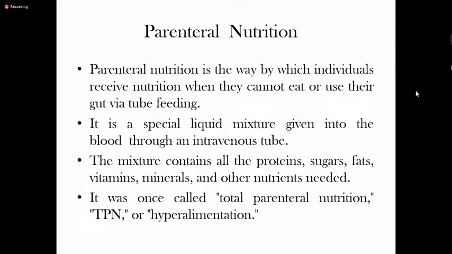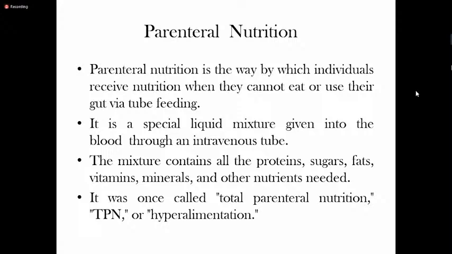Parenteral nutrition is the way by which individuals receive nutrition when they cannot eat or use their GI tract. Eat, meaning doing it by yourself, or using the GI tract by using a tube. In this feeding, a special liquid mixture is given through the bloodstream, through an intravenous tube.